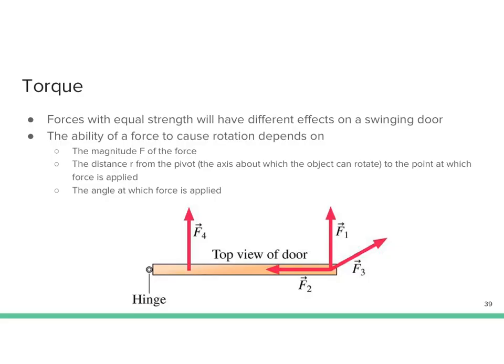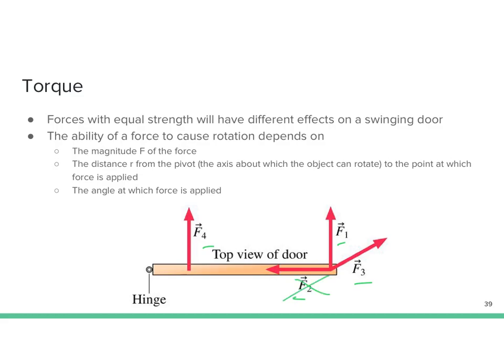So, great conceptual example, stupid conceptual example, whatever you want to say. I have all these different forces here. I got force 1, force 2, force 3, and force 4, and they're all being applied on a door. And my question is, which one is the most effective at closing or opening the door? And that seems pretty obvious, right?